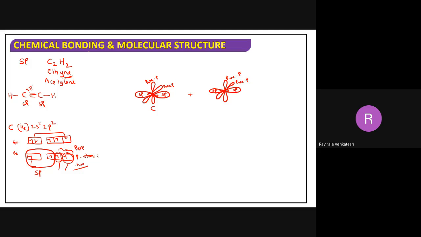Now next, I told you, each carbon is overlapping with hydrogen like this. The hybrid orbital overlaps with the s orbital from hydrogen, and the same happens with the s orbital from hydrogen on the other side. Now what happens here?